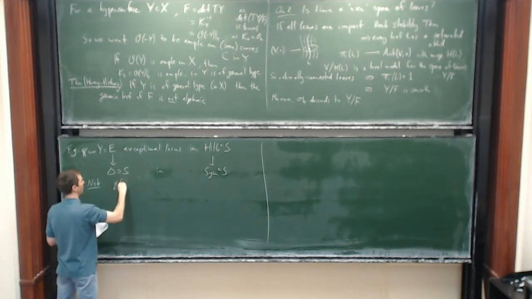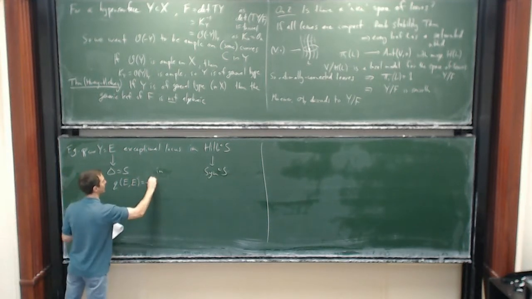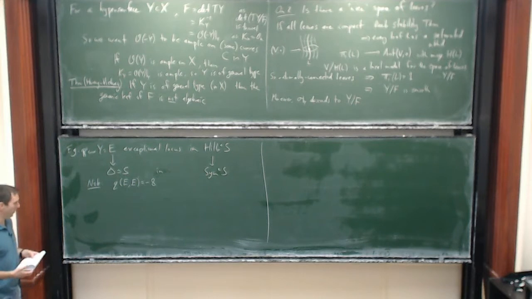And notice here that Q, the Beauville-Bogomolov form of E, is minus 8. It's a square, minus 8.